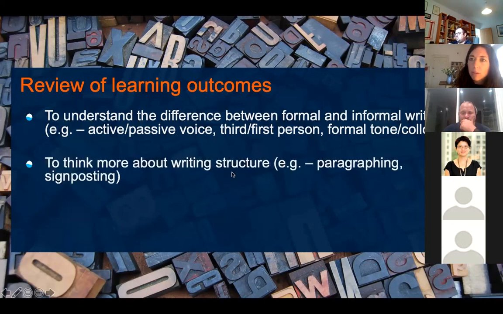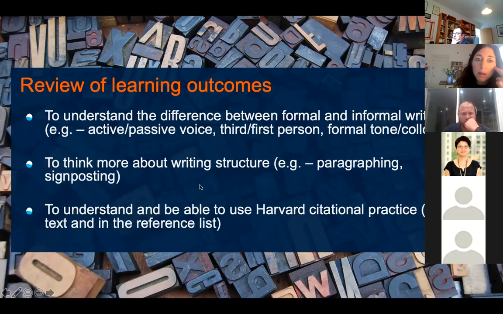To think more about writing structure, so paragraphing, signposting, which all help to aid the flow, and to improve the writing, to understand and to be able to use Harvard citational practice, both in text and in the reference list, which I've just gone through very quickly, but gone through.